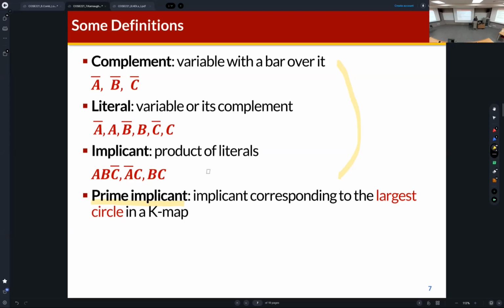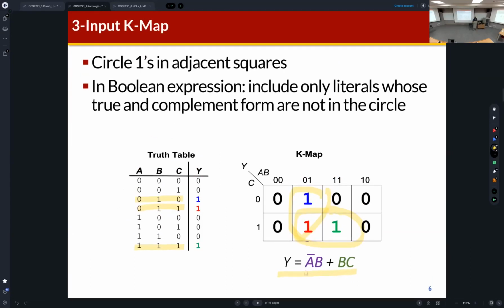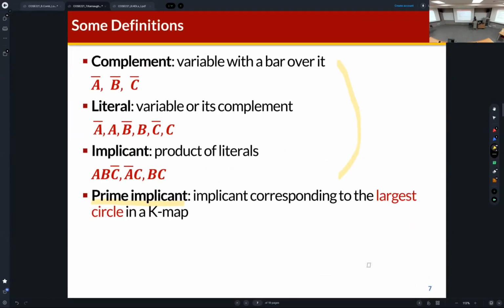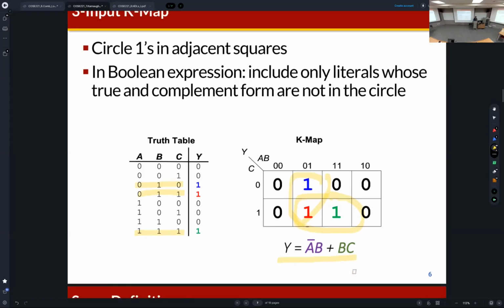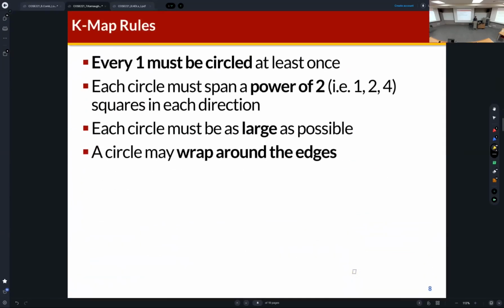So these are prime implicants. The min terms in the Boolean equations can be optimized. The optimized Boolean equations also include some implicants, and these implicants are called prime implicants, optimized by Karnaugh Map.